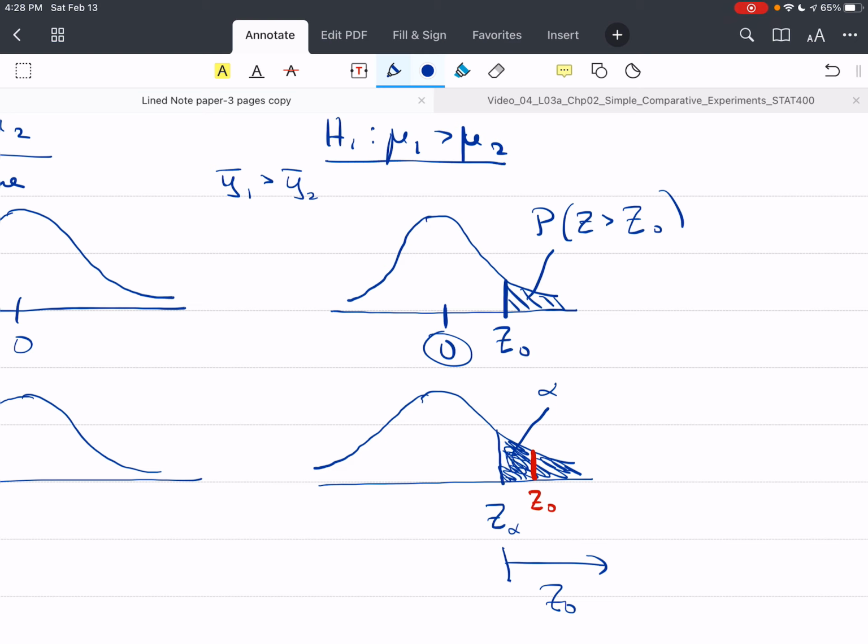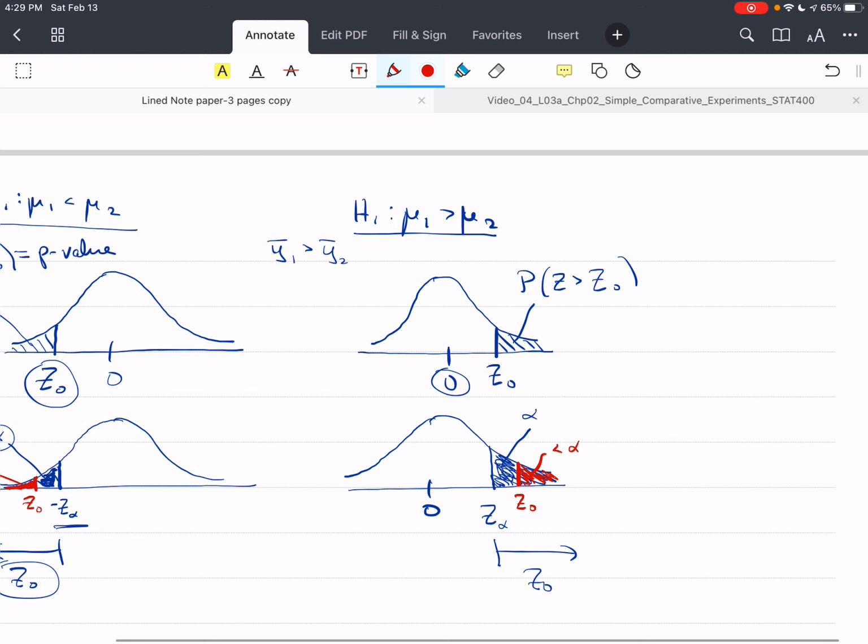And the rejection region was when z was more extreme than z sub alpha, further away from 0 than z sub alpha, so greater than z sub alpha. If z naught is right here, then the area above this would be this area, and it's clear that this area is less than alpha. So again, p-value less than alpha means we reject the null.